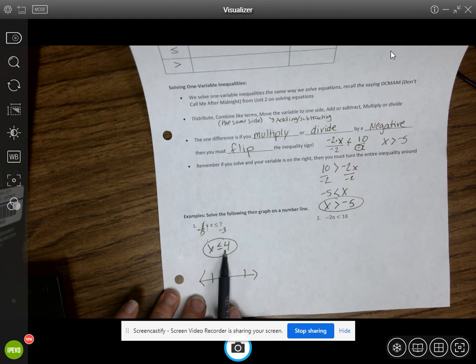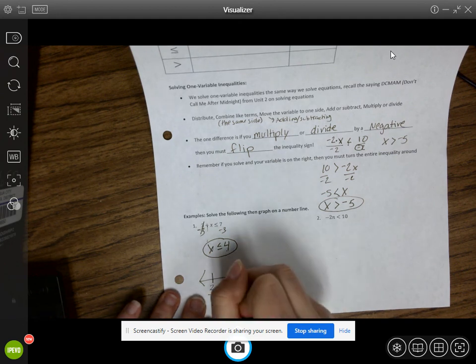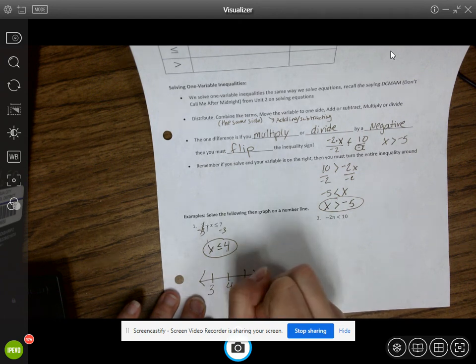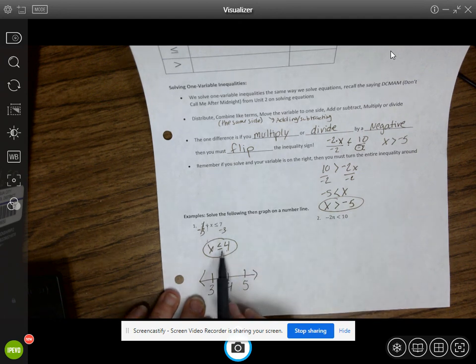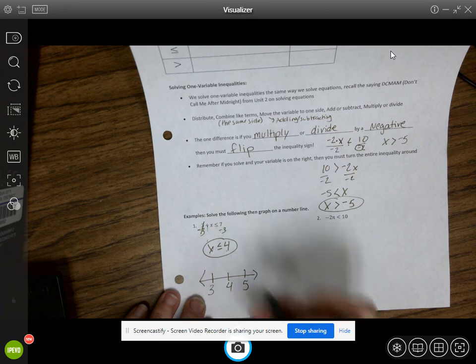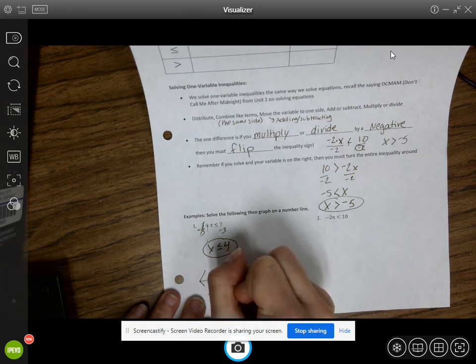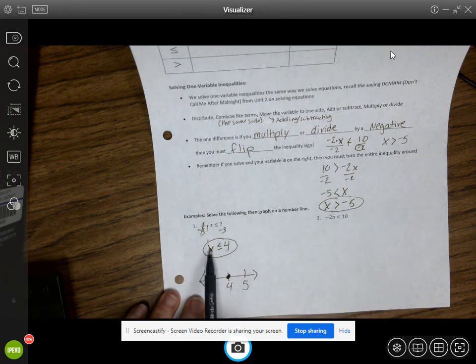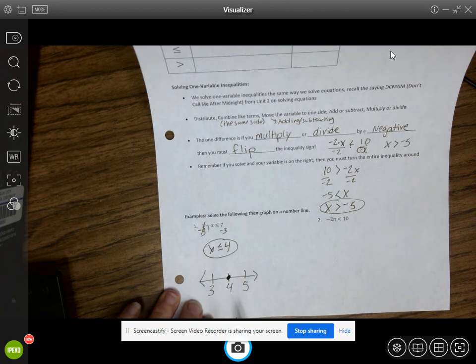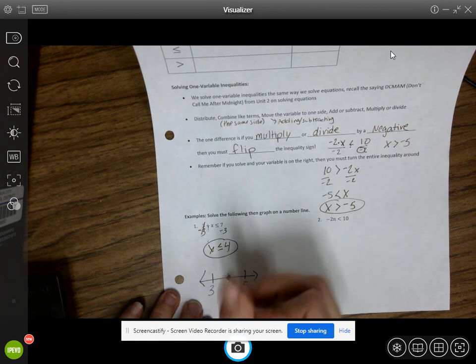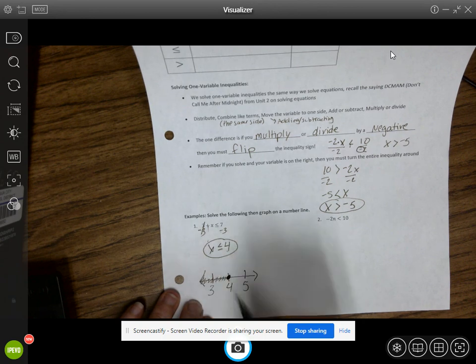The number before your answer, 3, your number, 4, and the number after. Based on your symbol, you have this line underneath. That's a closed dot. This is x is less than or equal to 4. Which numbers are less than or equal to 4? Left or to the right? Over here. So I'm going to shade all the way over here.